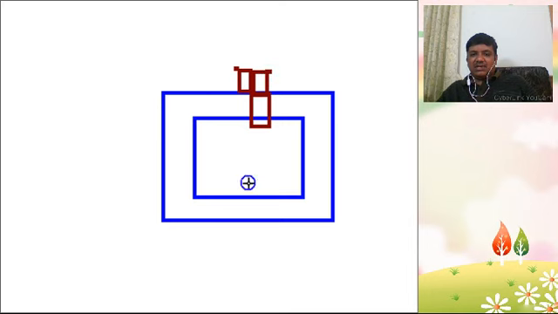we have two parallel Josephson junctions.